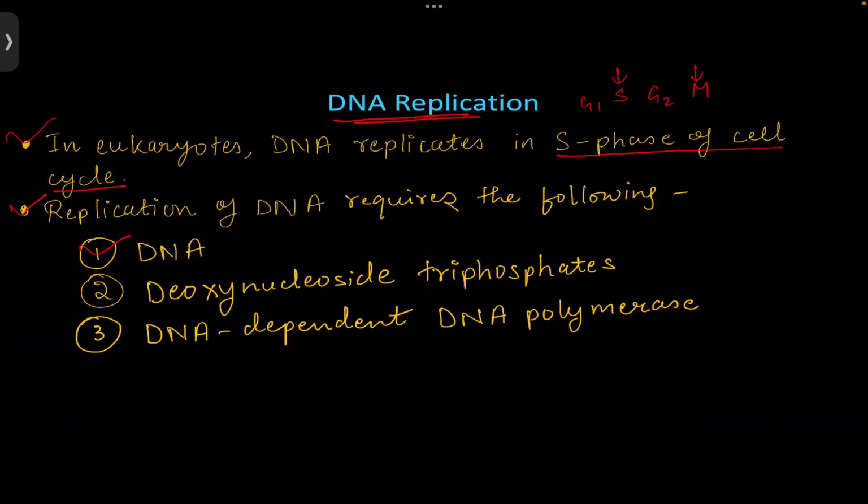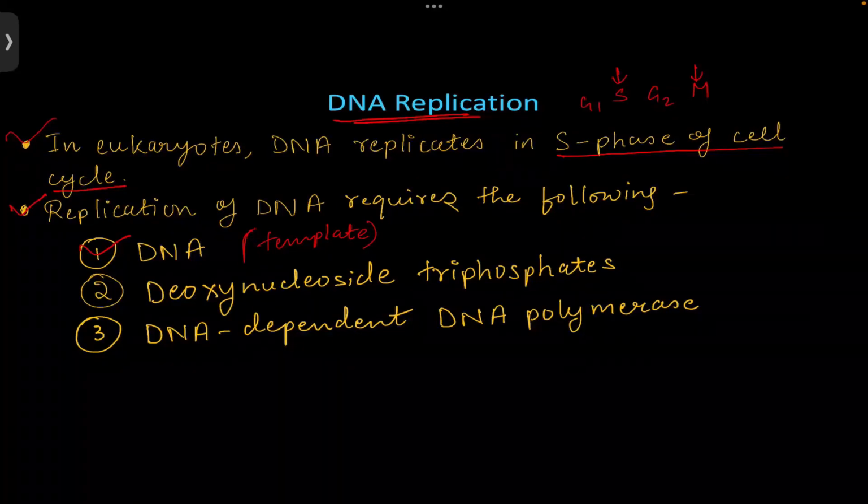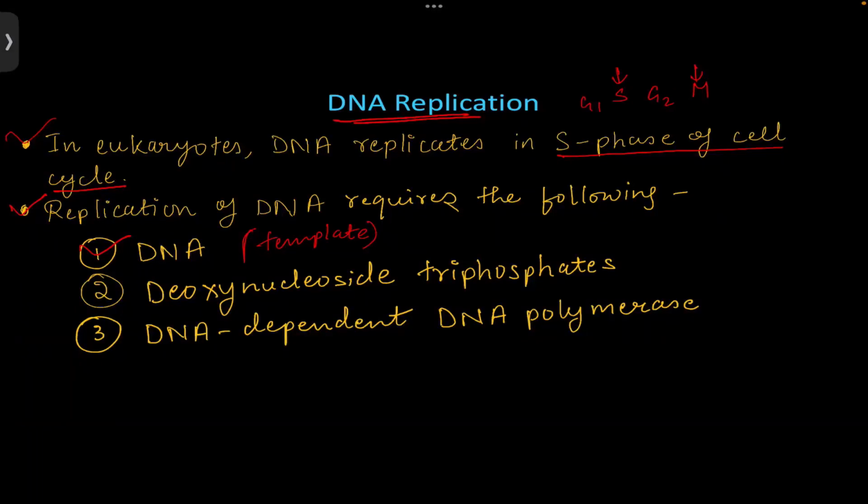That is, it needs a template to which a complementary strand can be synthesized. So in the original DNA molecule, there are two DNA strands, and each of these DNA strands will act as a template to which complementary DNA strands will be synthesized.